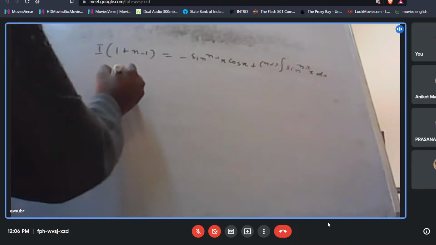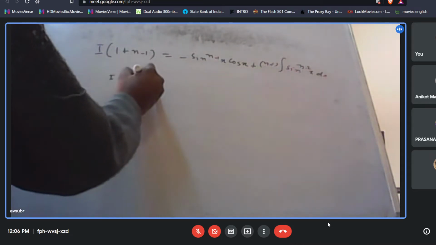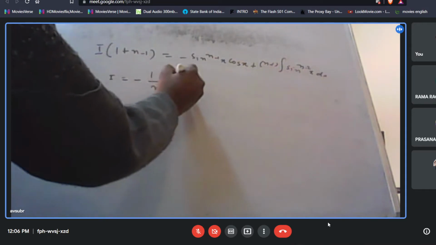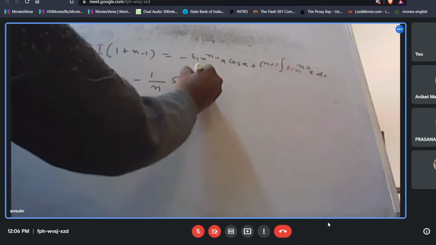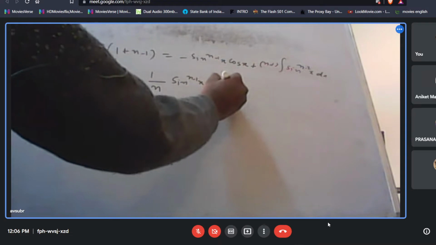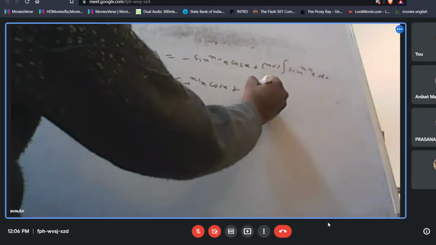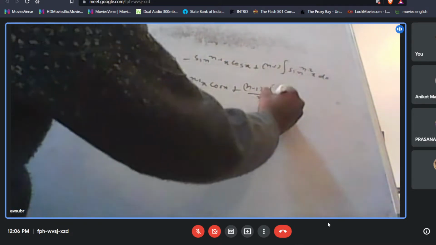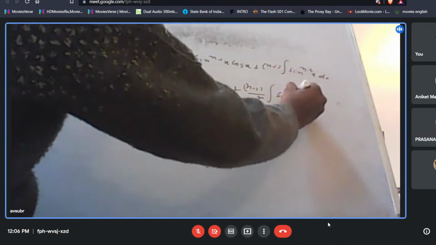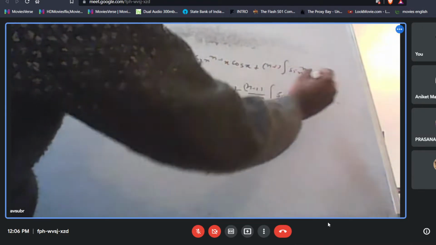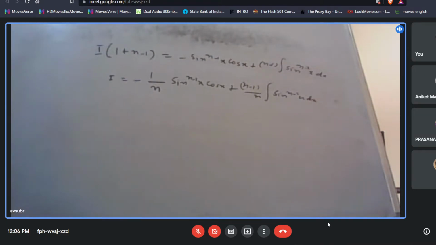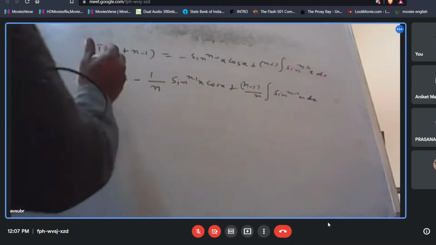And this gives I equal to minus 1 by n sine to the power n minus 1 x cos x plus n minus 1 by n integral of sine to the power n minus 2 x dx. So if we reduce, we get this particular reduction formula.